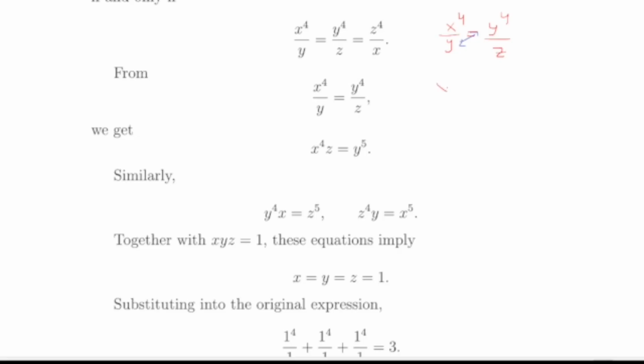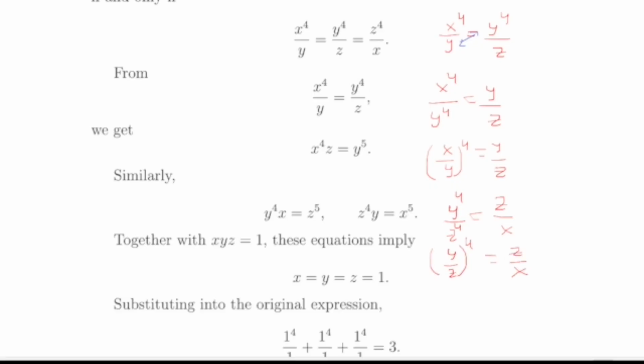And so that's going to give us x to the fourth over y to the fourth equals y over z, which means that x over y to the fourth is equal to y over z. And then similarly, we can do that with y to the fourth and z to the fourth. So we could do it with these right here. y to the fourth over z to the fourth is equal to z over x, and then we can just factor out the exponent.